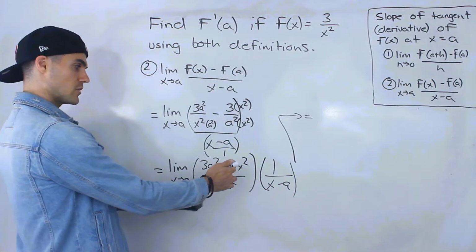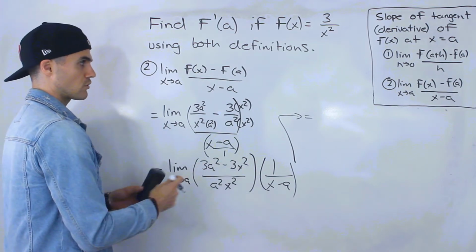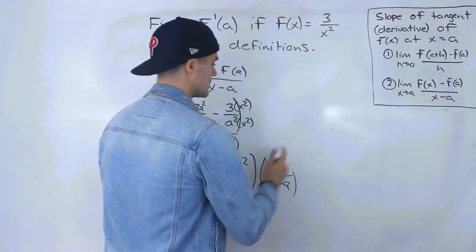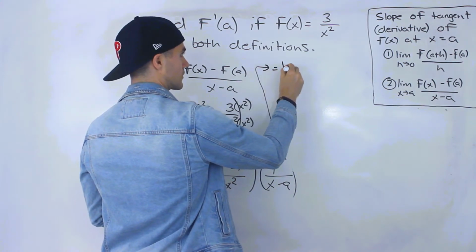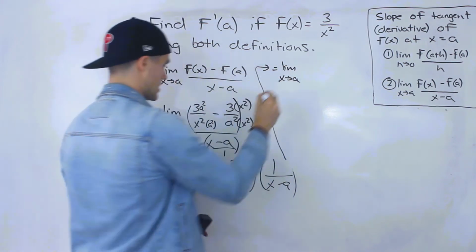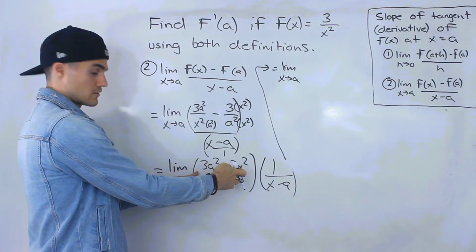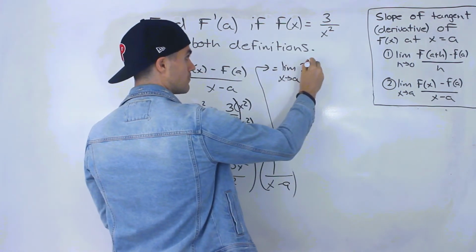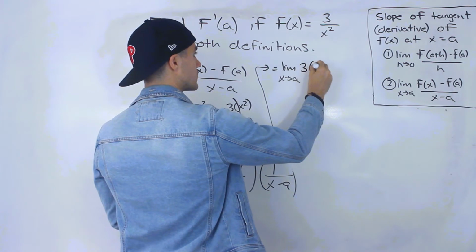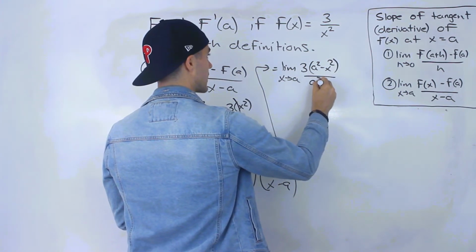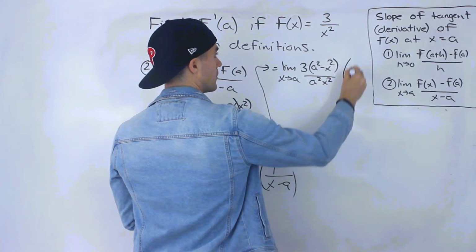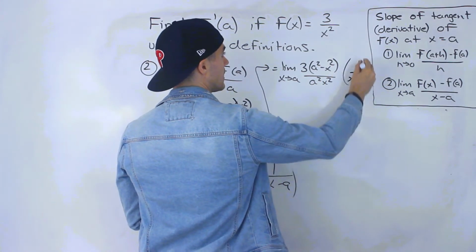So notice with this numerator, we can factor out a 3. I'll actually continue this up here because there's not as many terms. So we got the limit as x approaches a. We could factor out a 3 from both of these terms. So we'll have 3 bracket a squared minus x squared all over a squared x squared. And we're still going to be multiplying by 1 over x minus a.